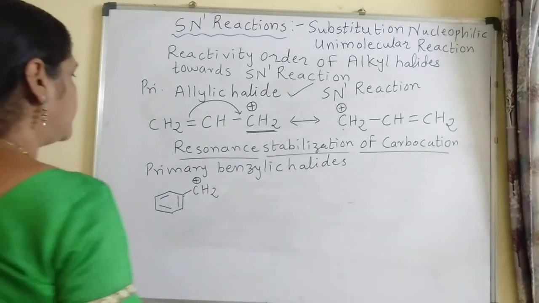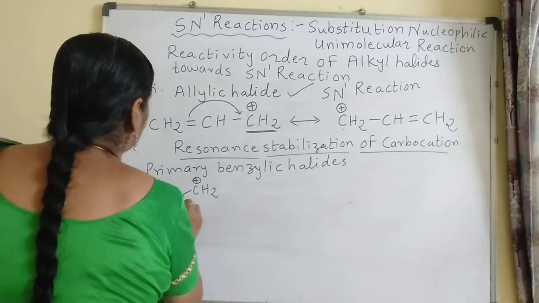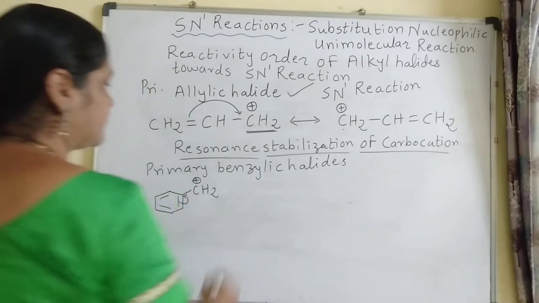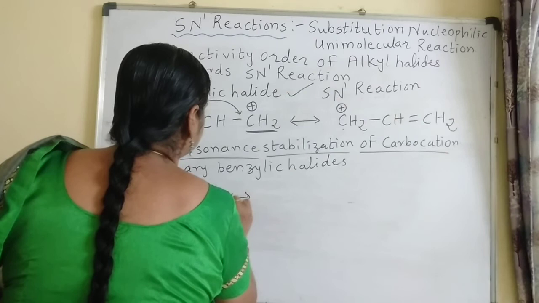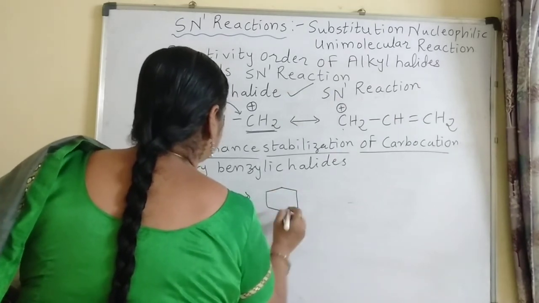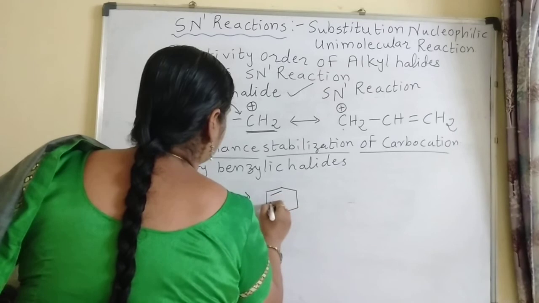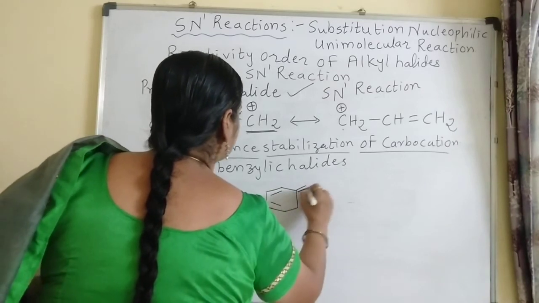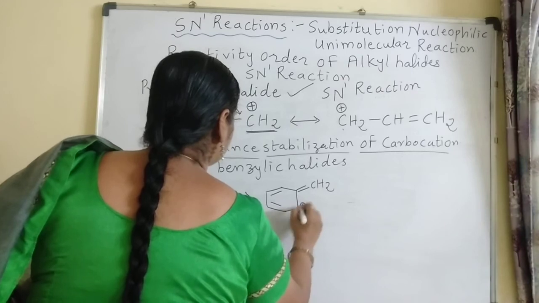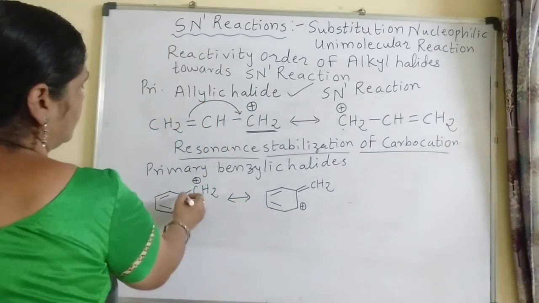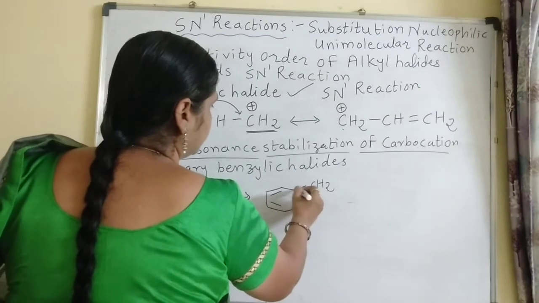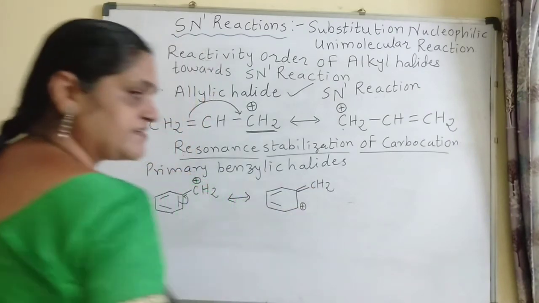This benzylic carbocation will show reactivity towards SN1 reaction due to the resonance stabilization. So here I am drawing the resonance structures for the benzylic carbocation. Now this pi electron shifted towards this carbon. Therefore, double bond is created between these two carbons and the positive charge is shifted here.